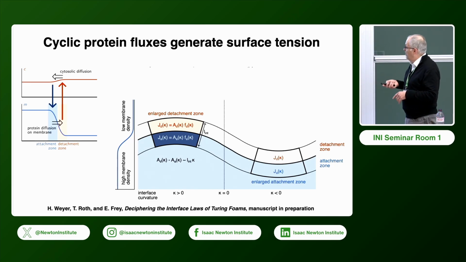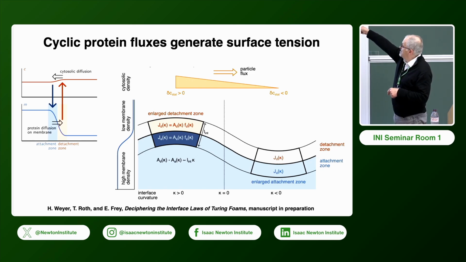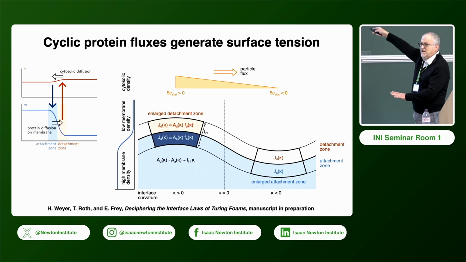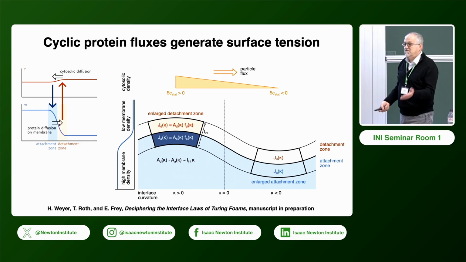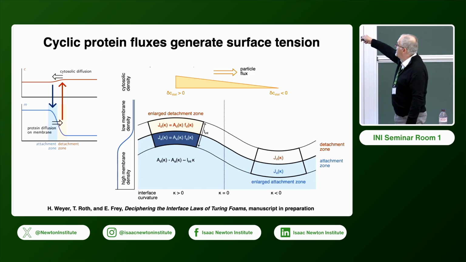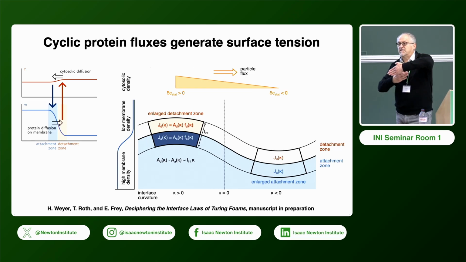So that means in total, if you take it together, there's going to be a higher concentration of proteins on that side where you have positive curvature in the cytosol, as opposed to that side with negative curvature where you have a lower concentration. And that means, by Fick's law, you have diffusive fluxes from that zone to that zone, filling up the void that you have here in the interface, and that makes the interface flat again.